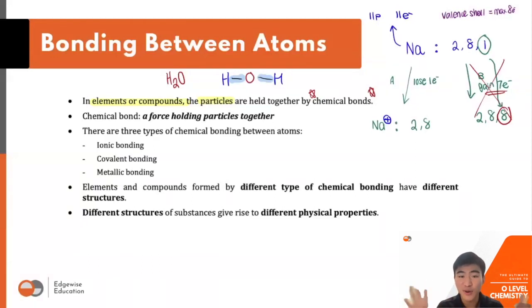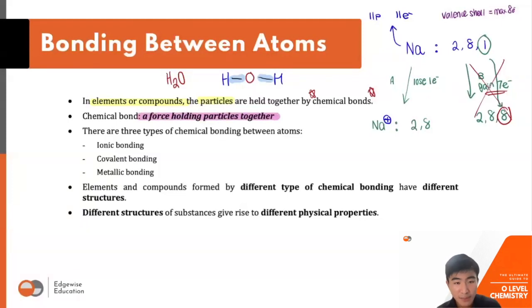I don't want the buildings to be not connected. I want the buildings to connect together to tell me that this is one compound. Remember, your HDB got many, many blocks. If they got a bridge together, they are now one compound, right? Now, a chemical bond is defined as a force that is holding particles together.